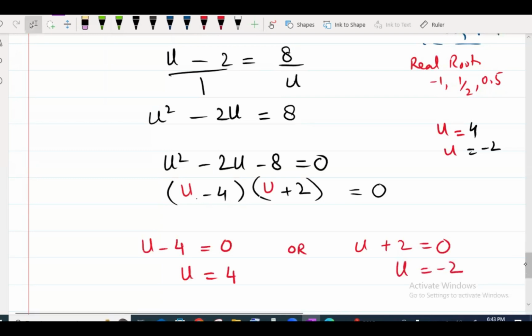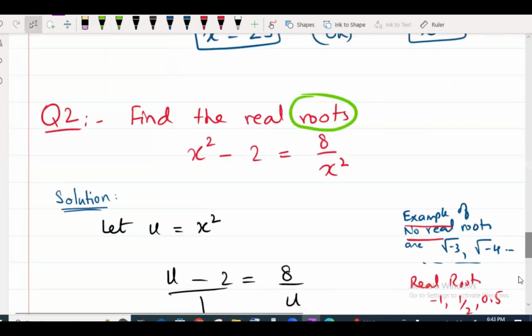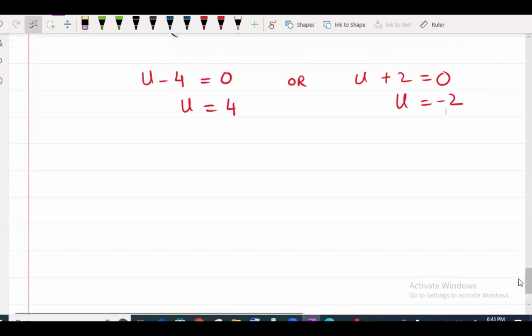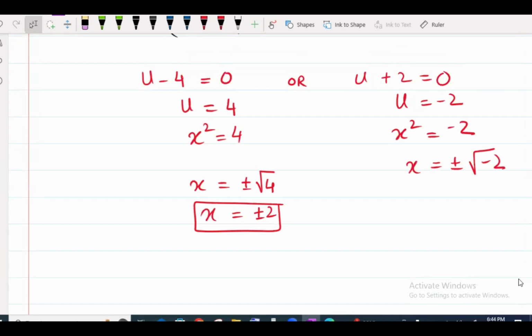At the start, we assumed u is x squared, so replace u with x squared. x squared equals to 4, so x equals to plus minus square root of 4, then x equals to plus minus 2. x equals to plus minus square root of minus 2, so it is not a real root.